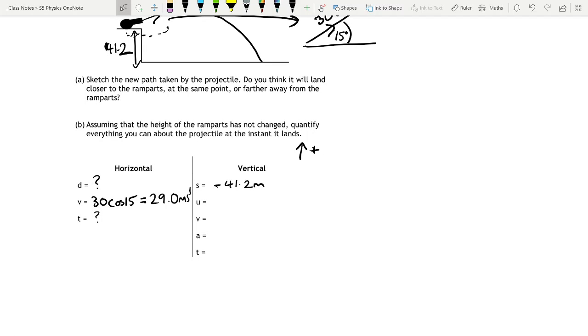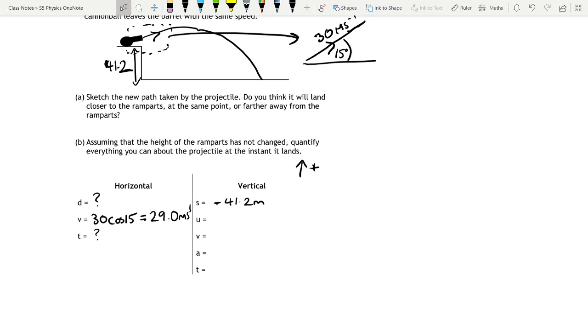Our initial vertical speed is no longer 0, it's going to be 30 sine 15. And again, you need to put that into your calculator, it comes to 7.76 meters per second. Acceleration, we know, is due to gravity, so negative 9.8 meters per second squared, because we used upwards to be positive.